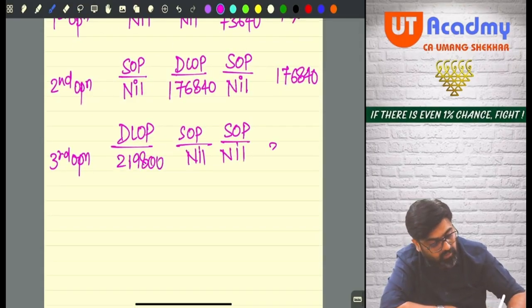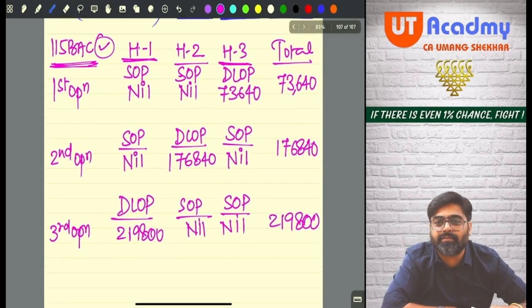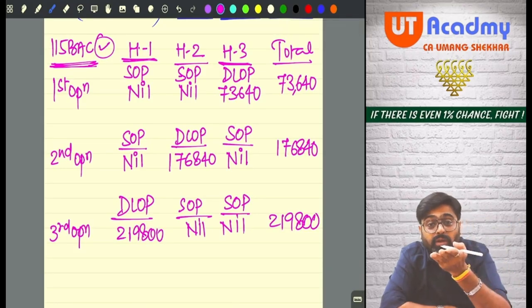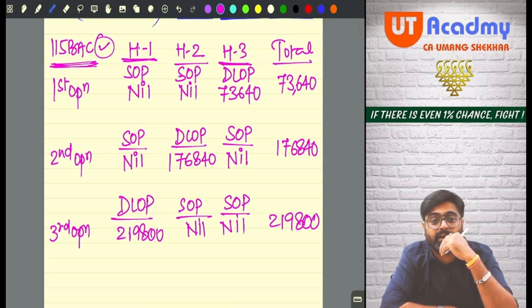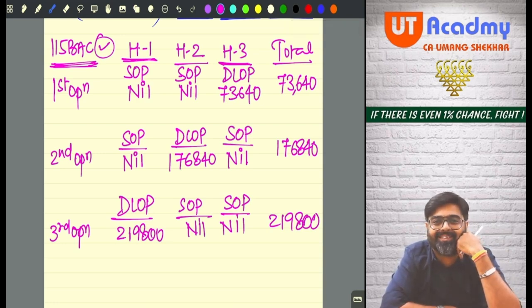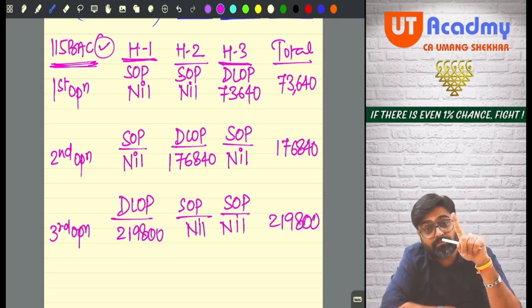Then the final income will be 2,19,800. This is the worst option which I can take, because I am going to pay tax on 2,19,800. Option 2 was better than this. But can I say option 1 is best of all?